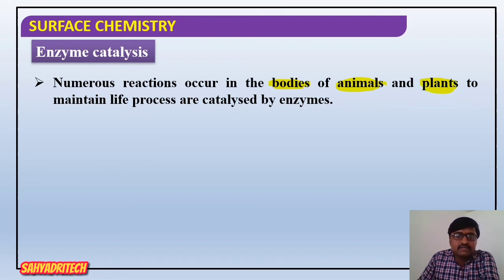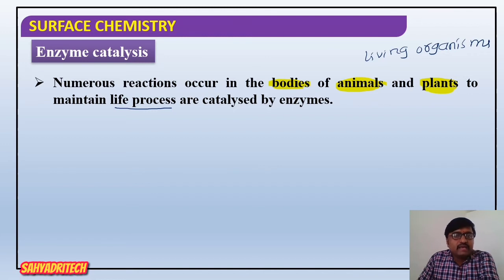The biochemical processes in living organisms are also called life processes. So the numerous reactions that occur in the bodies of animals and plants to maintain life processes are catalyzed by proteinaceous substances, which are called enzymes.